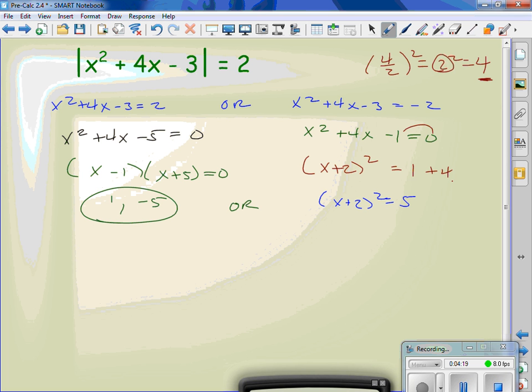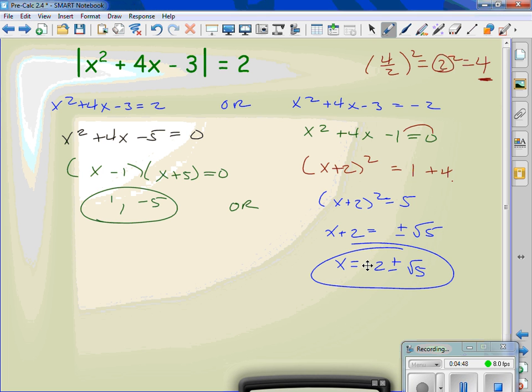How do I get rid of a square? x plus 2 equals plus or minus the square root of 5. Whenever you take the square root of just a number, it's plus or minus. Subtract 2, x equals negative 2 plus or minus the square root of 5. And that's your other answer. If you would have used the quadratic formula, you would have still got this answer once you simplified the radical. Questions on this absolute value?